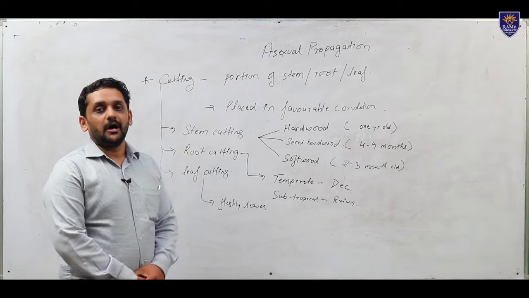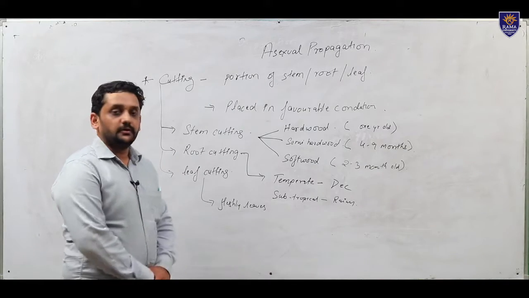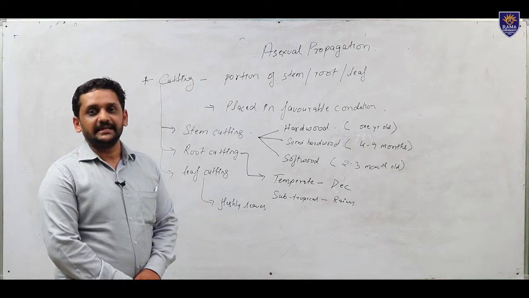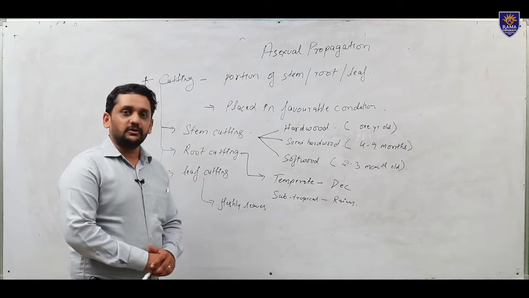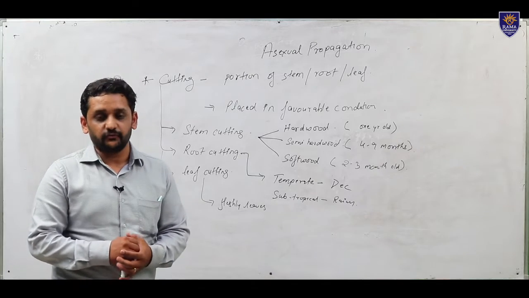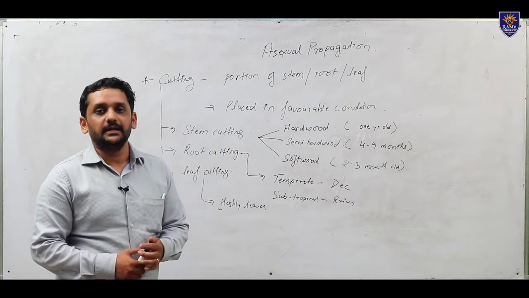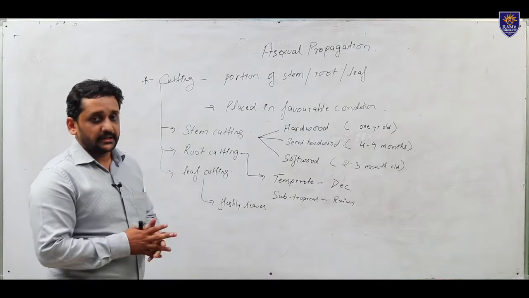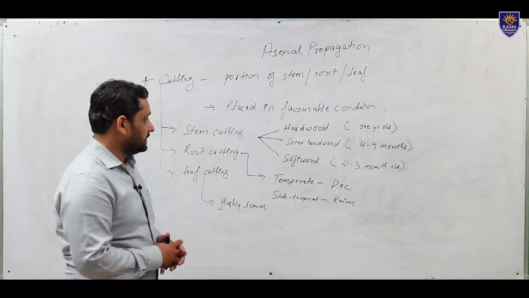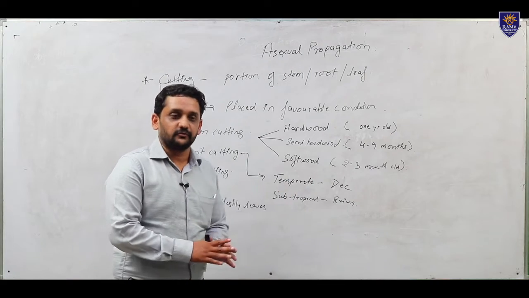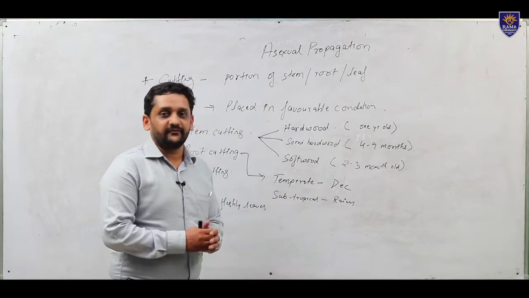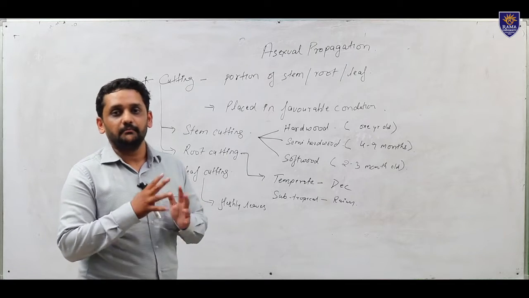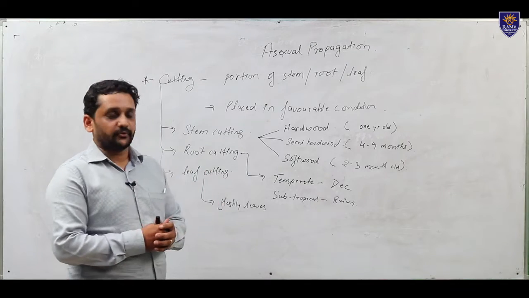And now about root cutting. In root cutting, we take the roots of a plant which are 2 to 3 centimeters thick. For temperate fruits, for example apple, peach, pear and plum, if we are practicing root cutting, the appropriate time is December.